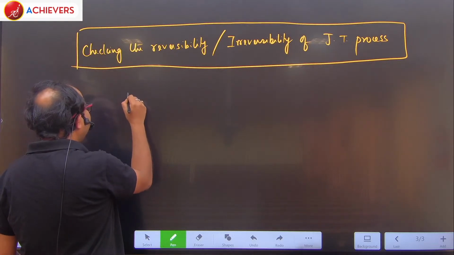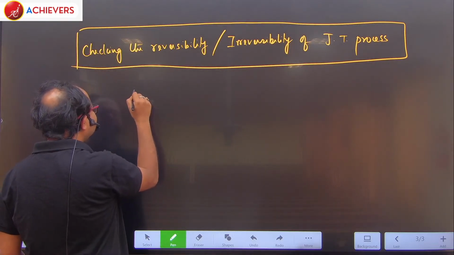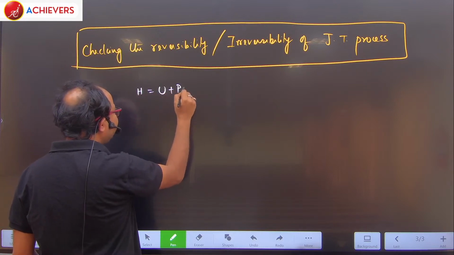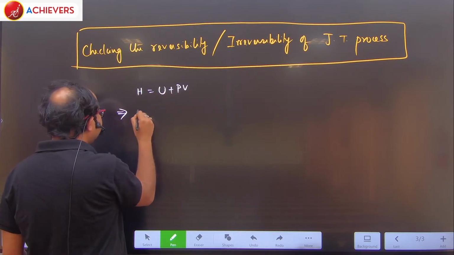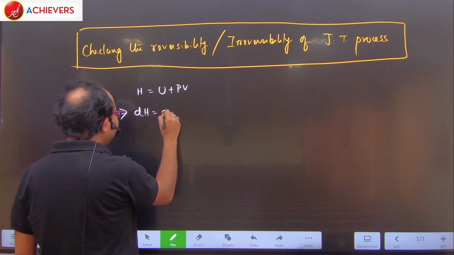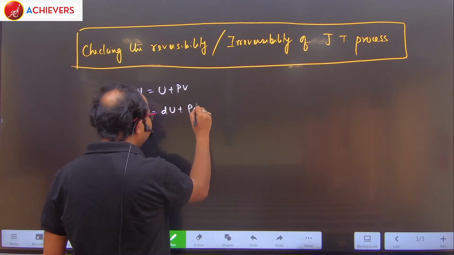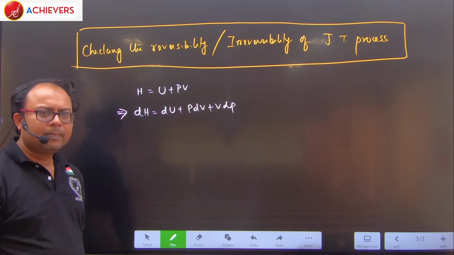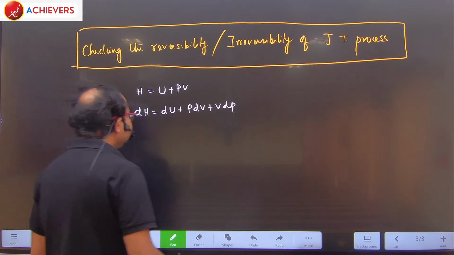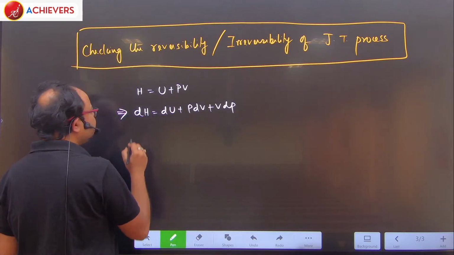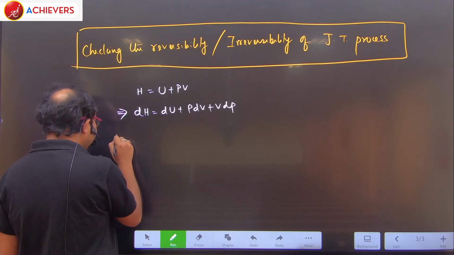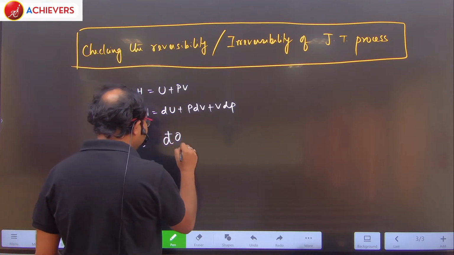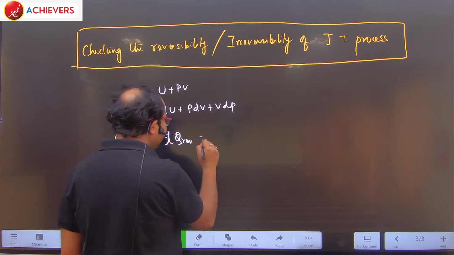Now we are acquainted with the fact that H is equal to U plus PV. That makes dH equal to dU plus PdV plus VdP. Again, đQ reversible is equal to TdS.